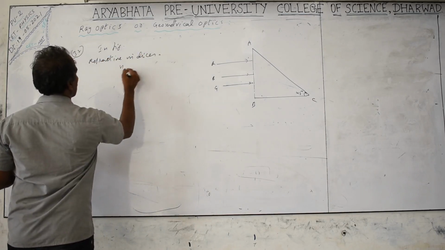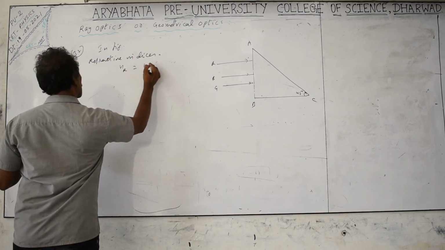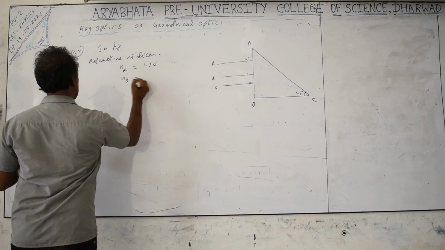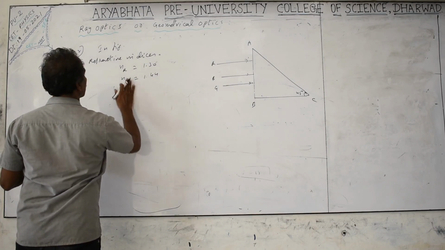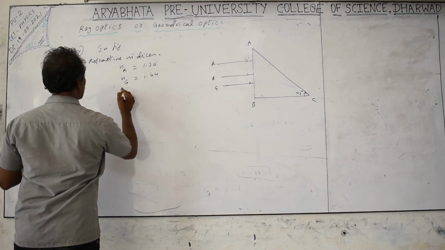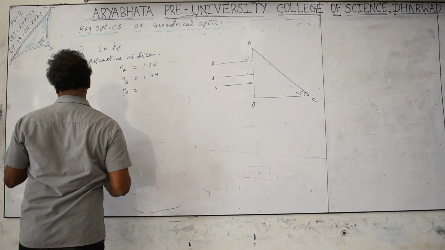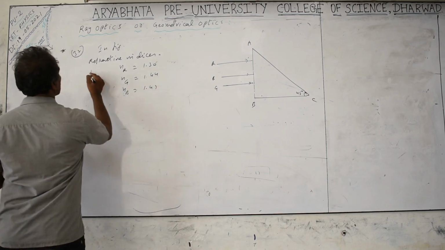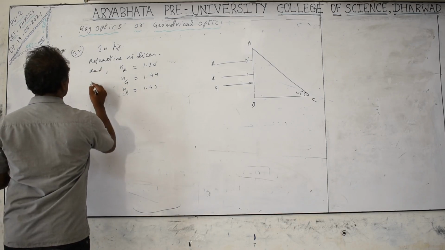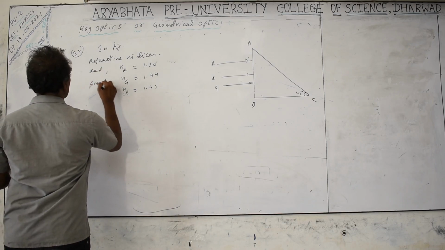N red is 1.30, N green is 1.44, N blue is 1.47. This is red, green and blue.